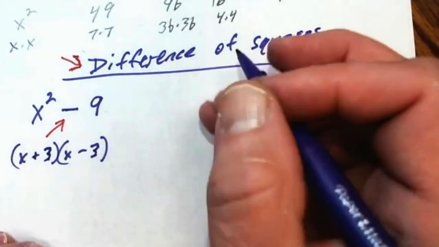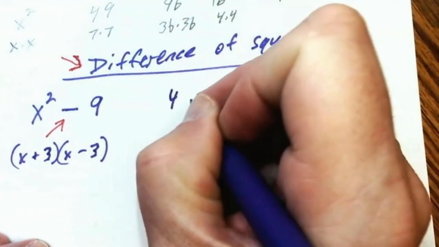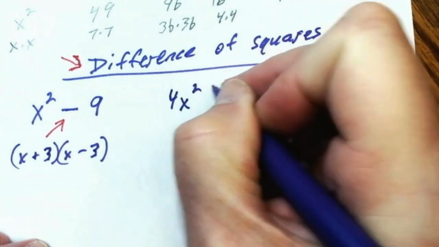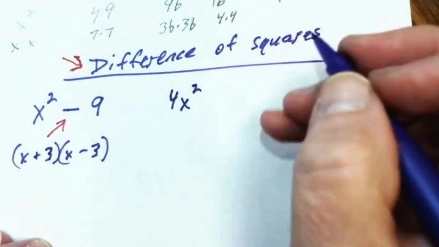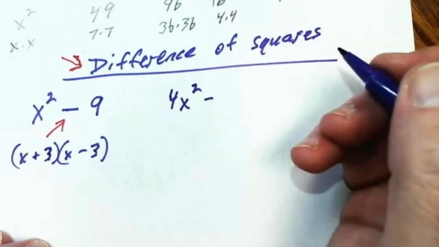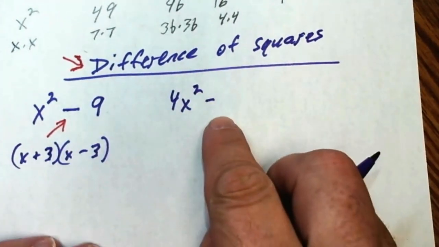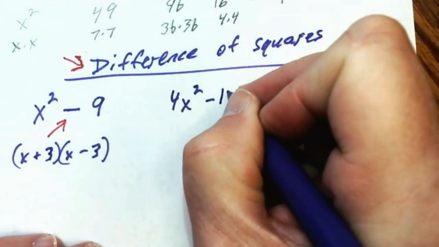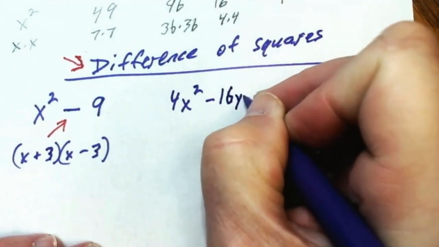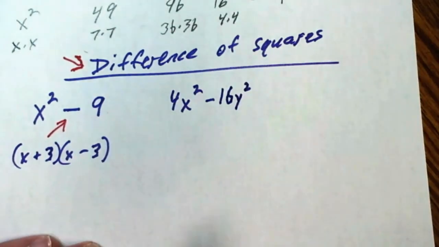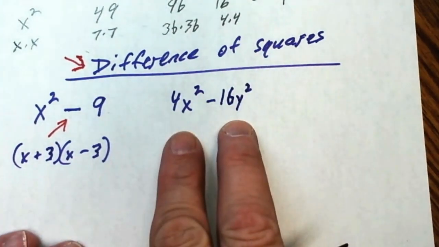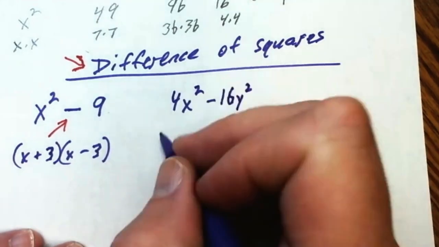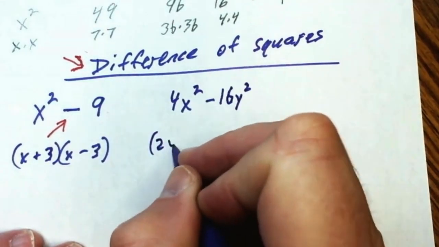Let's do that again. 4x squared minus, let's pick another square. Let's do something interesting like 16y squared. These are both perfect squares because the first term is 2x.